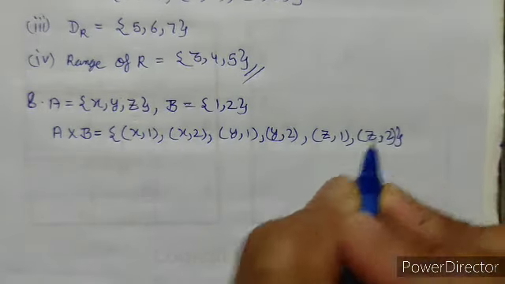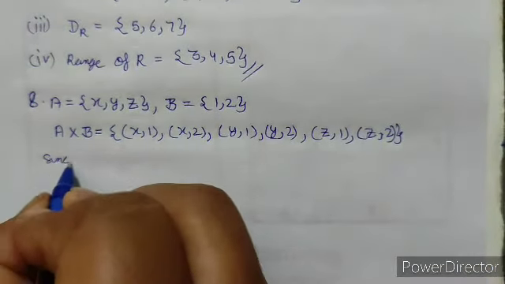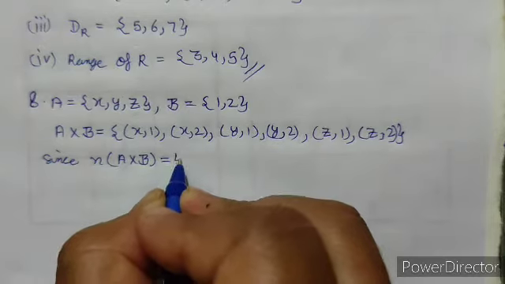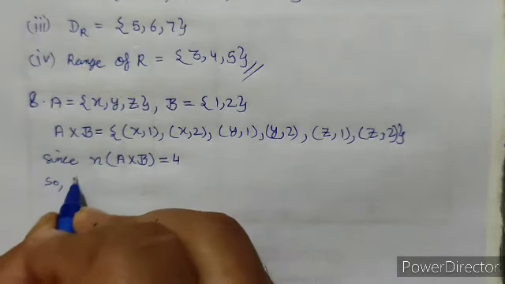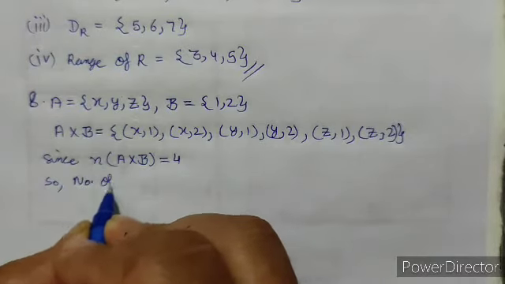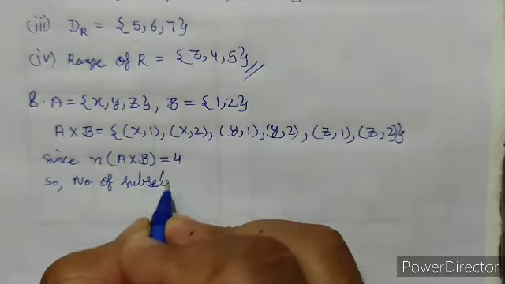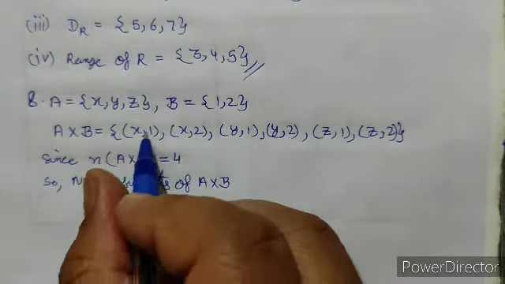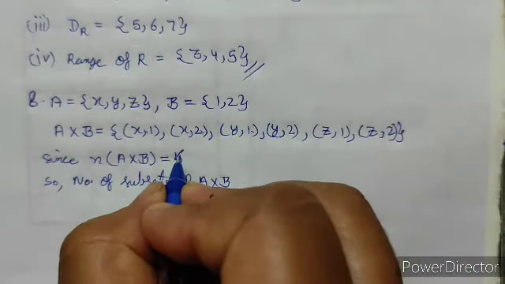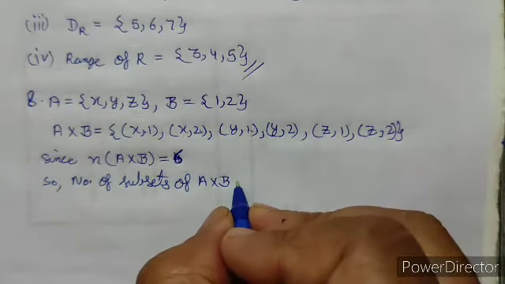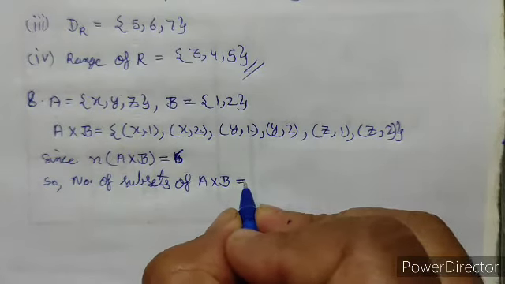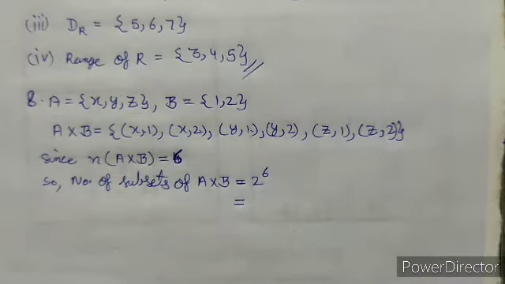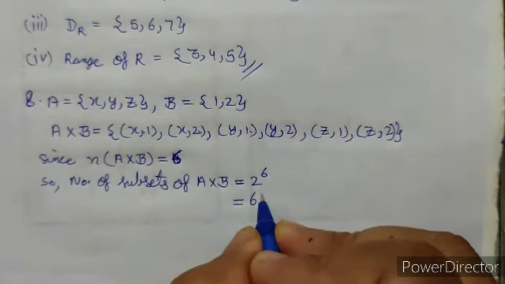Now the number of elements in A cross B is 1, 2, 3, 4, 5, 6. So the number of subsets of A cross B will be equal to 2 raised to power 6, and that will be equal to 64.